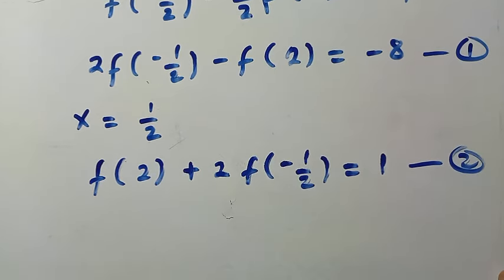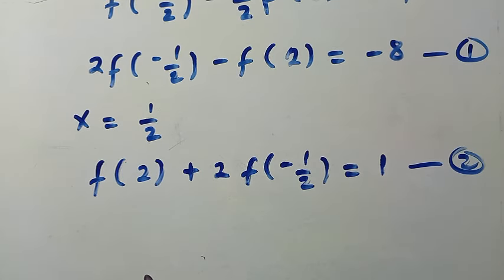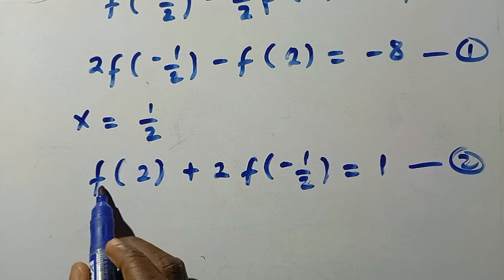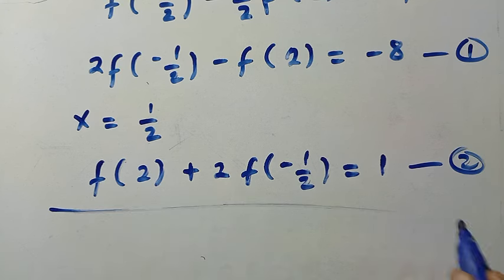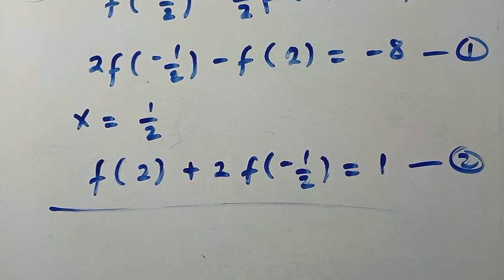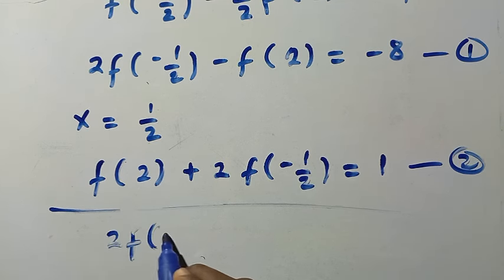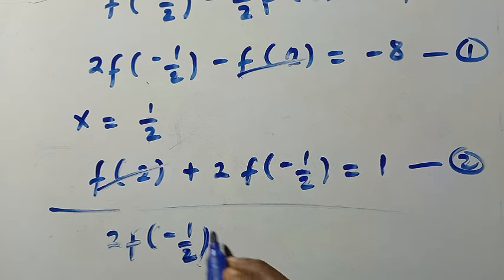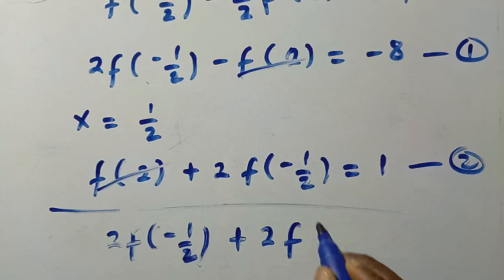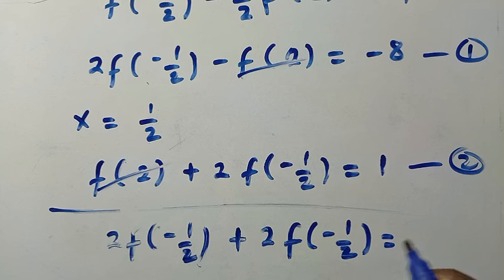Having these two equations, we are going to combine the two together. Here is f(2) and that is -f(2), so we can simply add this. By adding, we have 2f(-1/2) because this and this cancelled, then plus 2f(-1/2) equals 1 plus -8, that gives us -7.